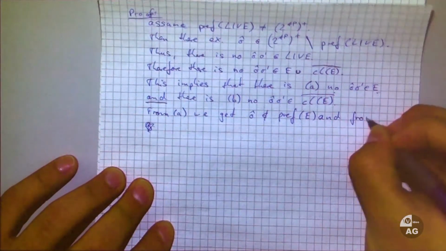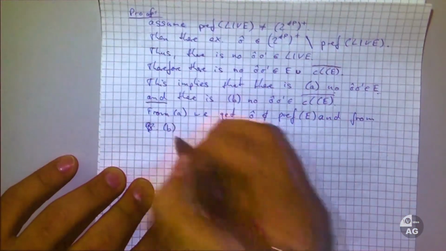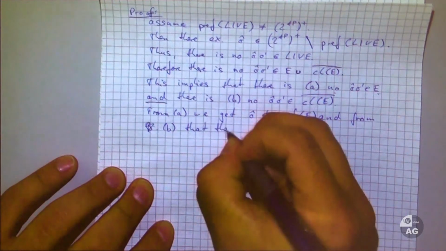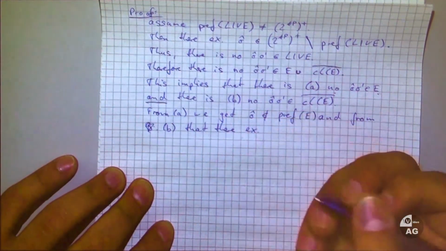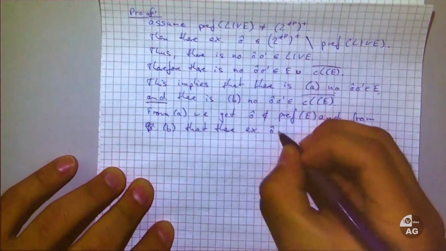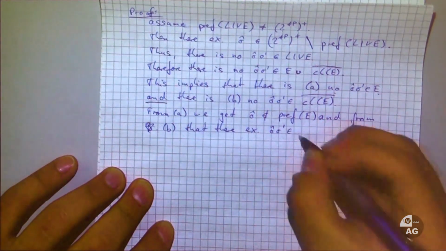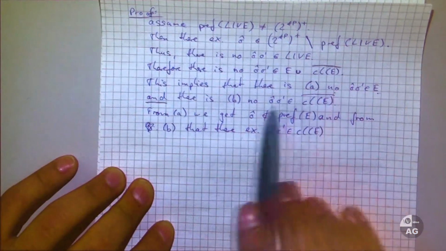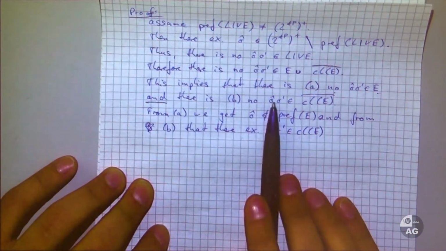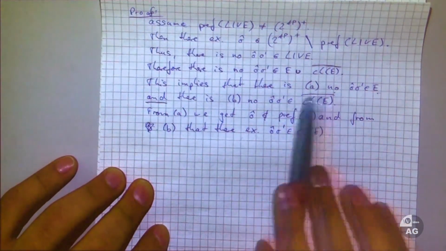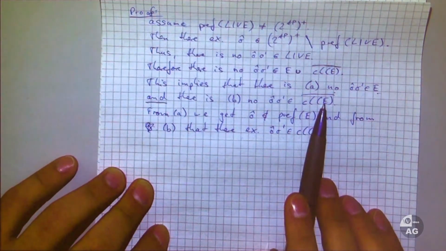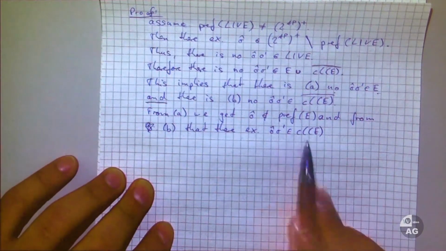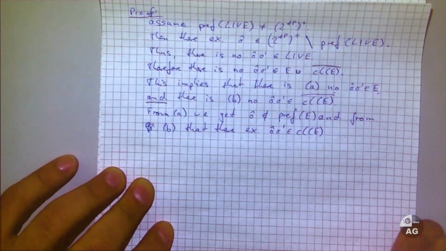And from B, we get that there exists sigma hat, sigma prime in the closure of E. Well, if we said there is no continuation of sigma hat that is in the complement of the closure, it means all continuations of sigma hat are in the closure, so we can in particular take one.